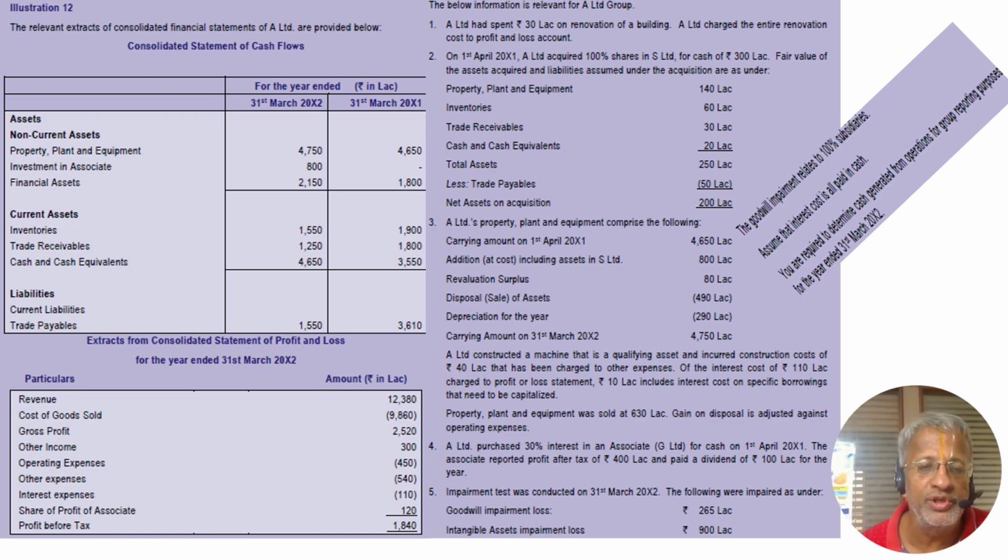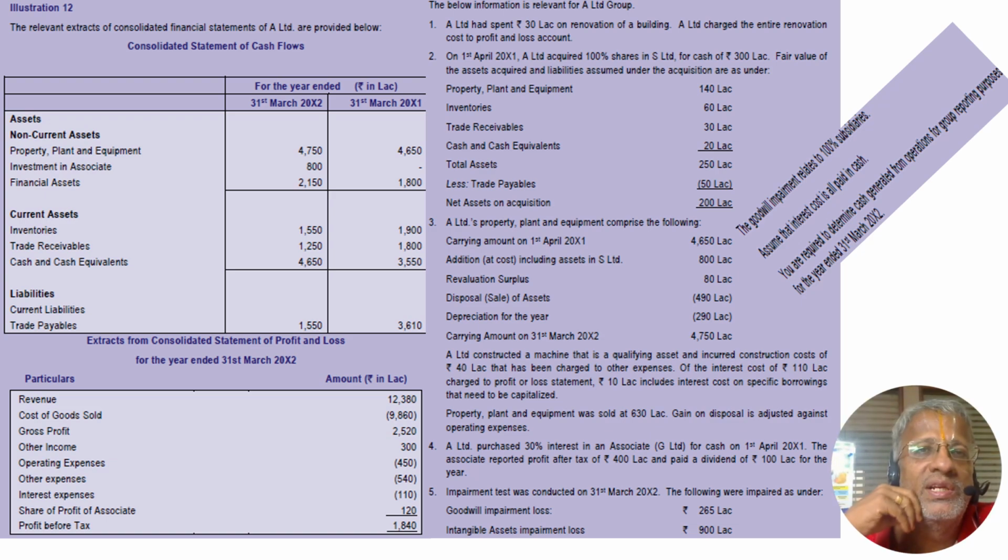So when you have the opening balance and the closing balance, nothing is mentioned about the property, plant and equipment of that 140 from the subsidiary company. Though at the time of acquisition the fair value they have mentioned as 140, it is not found in the consolidated balance sheet. We should understand that they have written off this 140, like depreciation and impairment. So we are expected to add back.